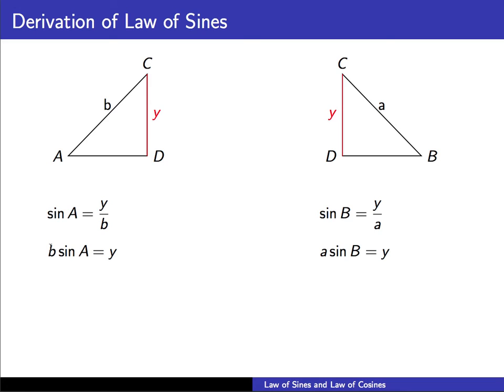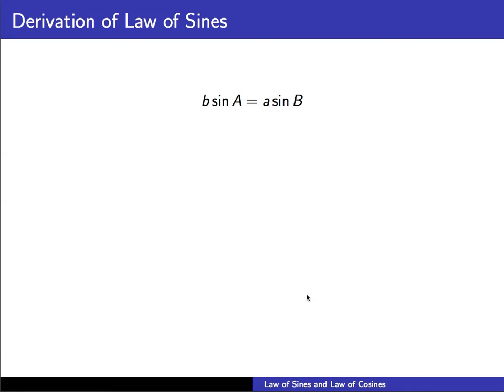Because these two expressions, b times the sine of angle A and a times the sine of angle B, both refer to the same height of the triangle, they have to be equal to each other. That's the transitive property: two things equal to the same thing must be equal to each other. Then we divide both sides by a times b, which, because they're lengths of a triangle, won't be zero.